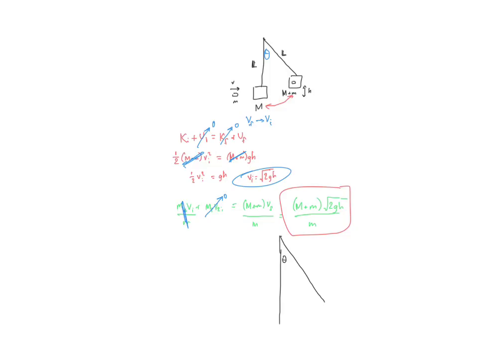The trick to this question is to draw a horizontal line from right here over to right there. And the reason you can do that is because the height of the block, which is this part right here, that's your little h. That's the same as this h in the diagram.